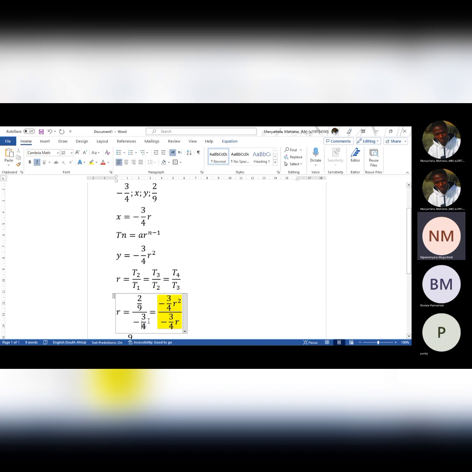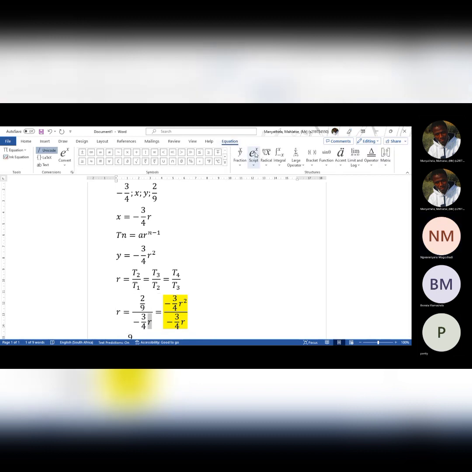You mean we use T2 over T1 and T4 over T3? Yes, I got T4 over T3 and it equals T3 over T2. Can you show me the source?